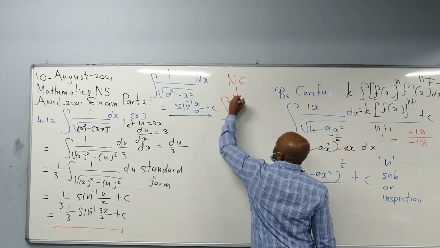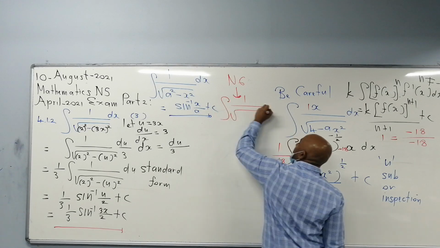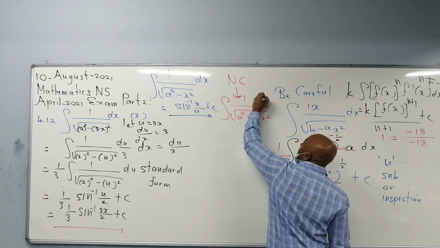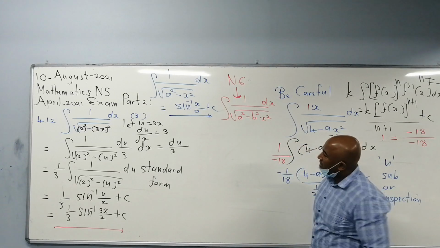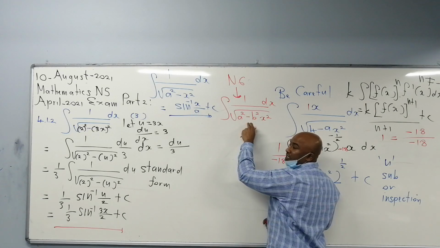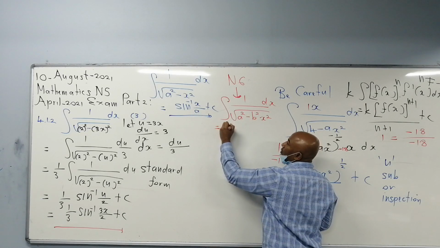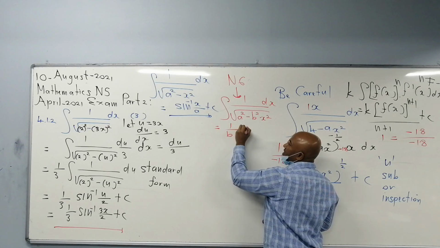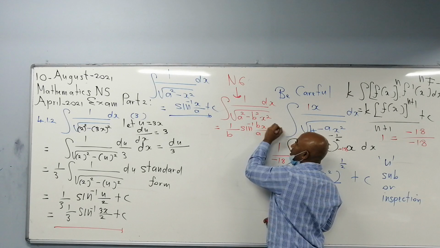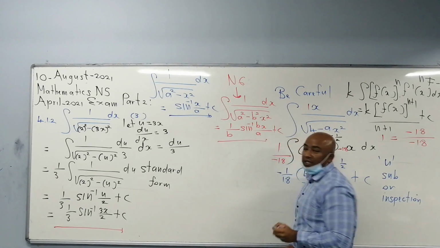It's given to you as the square root of a squared minus b squared x squared. Right. So the only difference between the N5 formula sheet and the N6 formula sheet is that this is going to be 1 over b times inverse sine bx over a plus c in one step.